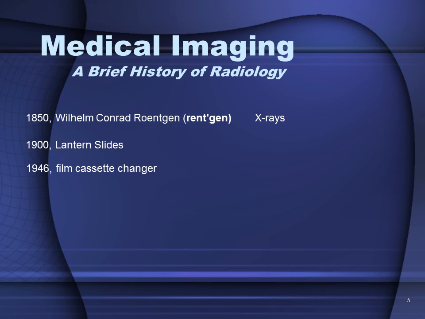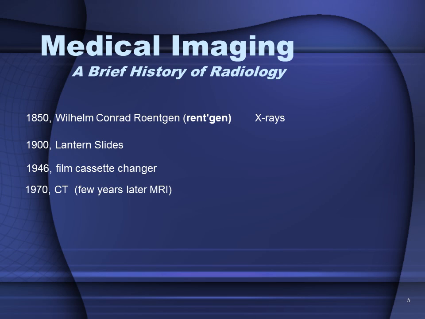The cassette then with the film is taken into a darkroom where it is opened in the dark, and the film is removed and developed so that it can later be placed onto a shadow box where the image can be interpreted by the physician.